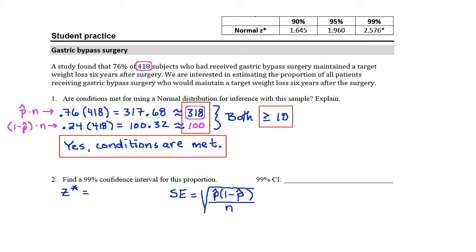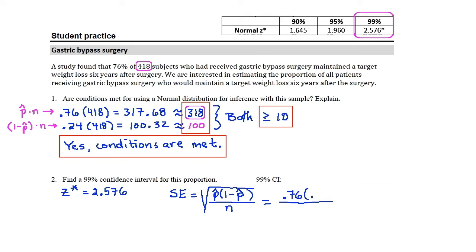Remember that z star is just a table lookup. We have a 99% confidence interval, and z star only depends on the confidence level. So our z star is 2.576.